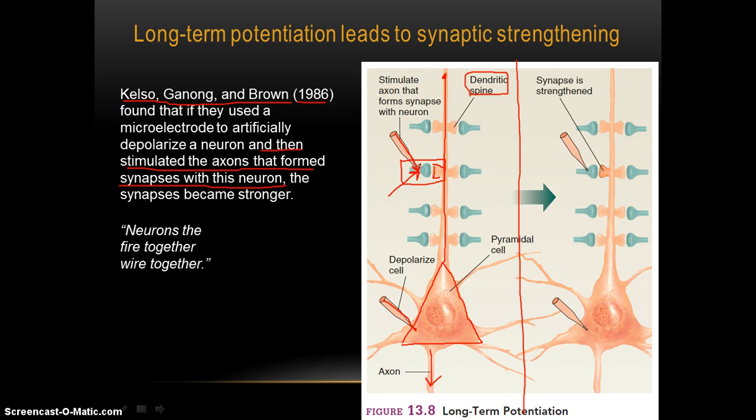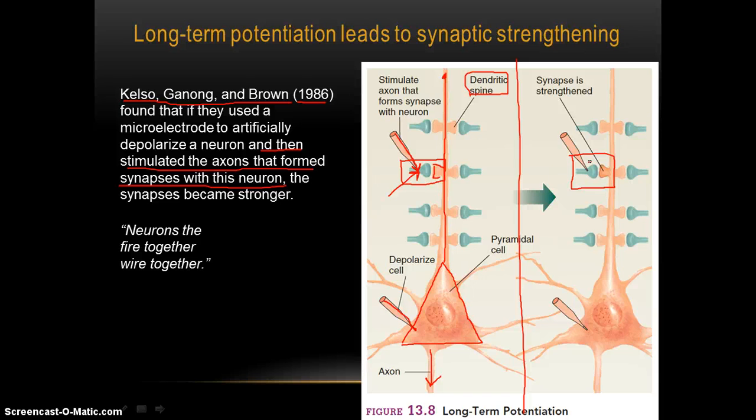If they did both of these things at around the same time, what they found was that the synapse between this presynaptic cell, this blue neuron, and this dendritic spine, this particular synapse, became stronger. It strengthened. Which means what?